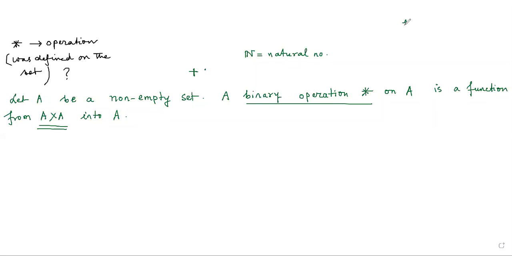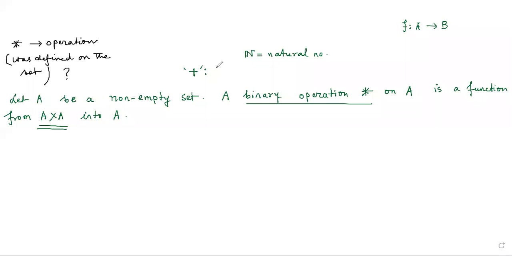We used to write a function in this manner, f colon A to B, as you can recall, you have learned it in school days. In place of f, I'm putting plus. Now just consider this to be a function.